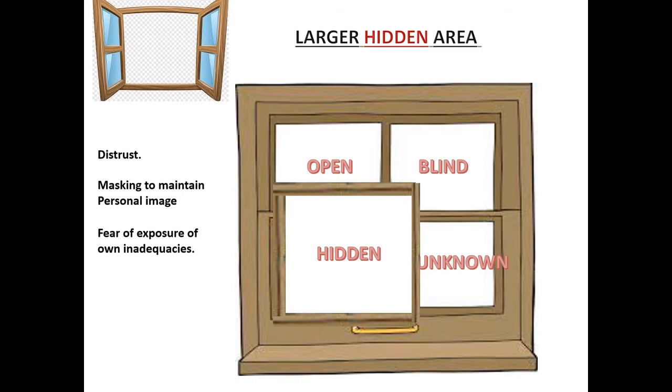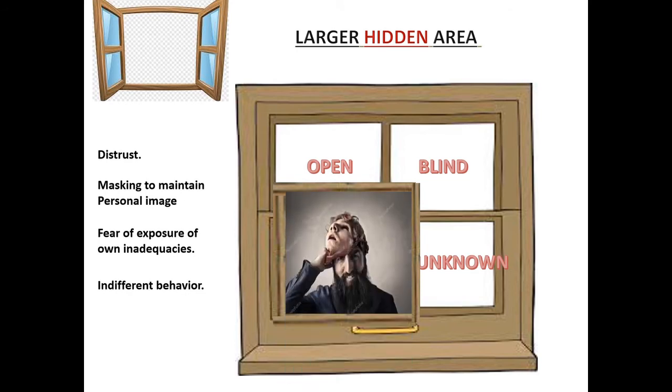He is a person who fears exposure of his own inadequacies. And he is a person who has an indifferent behavior. And this is the kind of person we're talking about. He is masking himself. This is a negative description of a person having a larger hidden area.